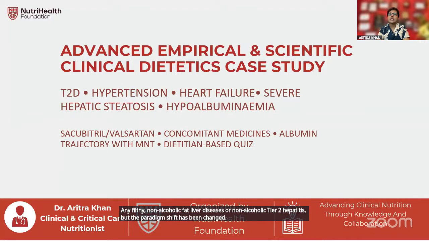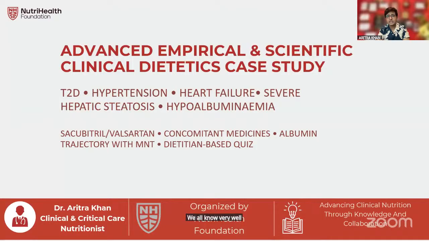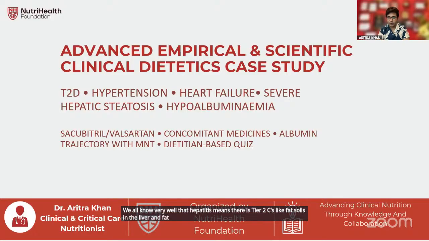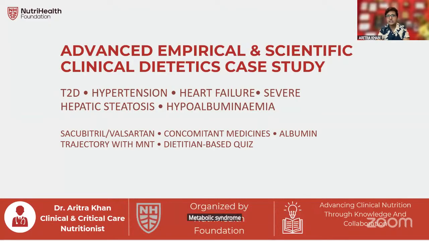Today, we discuss much more about MASH, that is metabolic associated steatohepatitis. We all know very well that steatohepatitis means there is steatosis, fat accumulation in the liver. Previously we discussed alcohol and non-alcoholic fatty liver, but nowadays, if there is any metabolic syndrome like obesity, overweight, or ABCD, I think you all know very well what ABCD is.